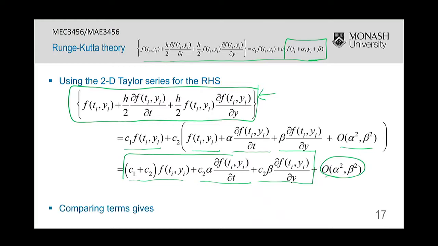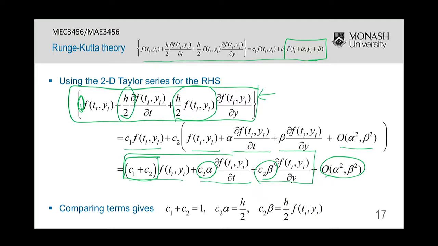So if we compare those terms, we can see that, first of all, c1 plus c2 has got to be equal to 1. c2 alpha has got to be equal to h on 2, and c2 beta has got to be equal to h on 2 times the function evaluated at the beginning point. So let's write those three conditions out.